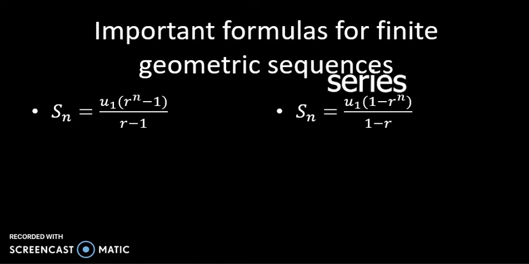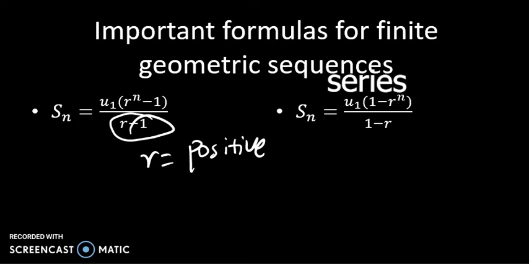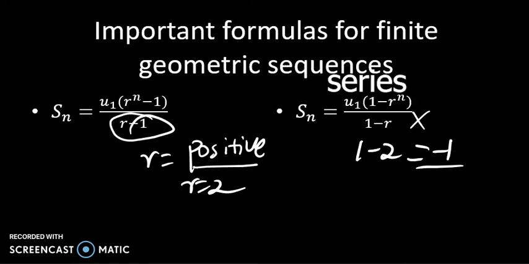Here is the rule: if you want your denominator to be positive, say r is positive and greater than 1, do not use this formula, because if r equals 2 and you put 1 minus 2, that becomes negative, so it makes your work harder.